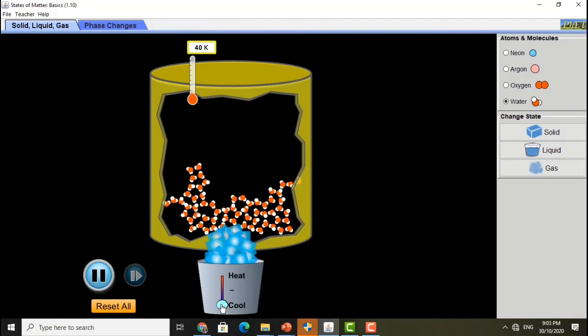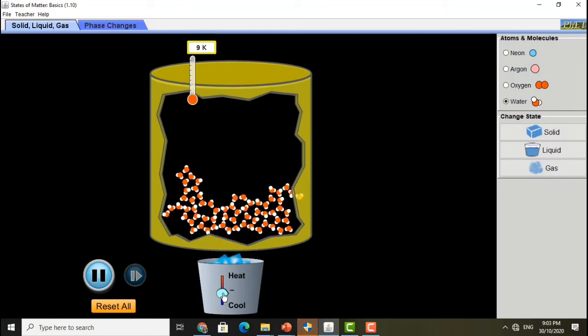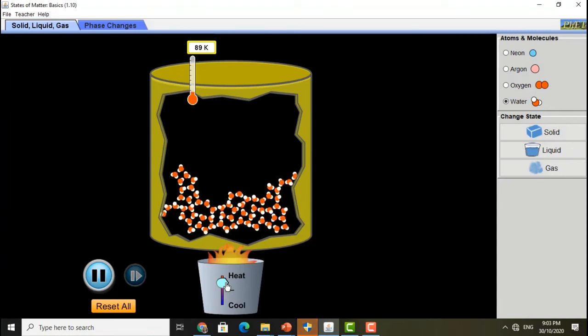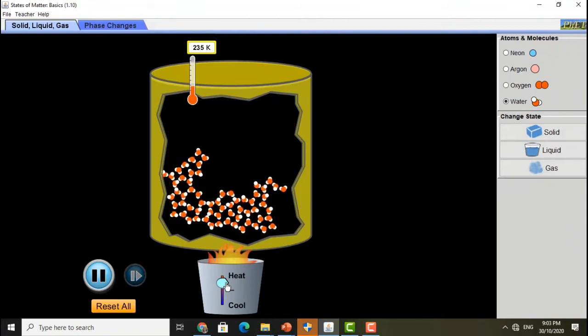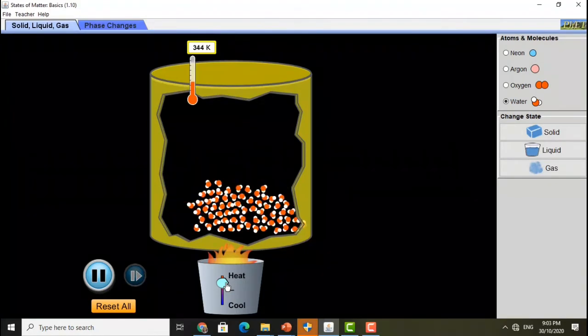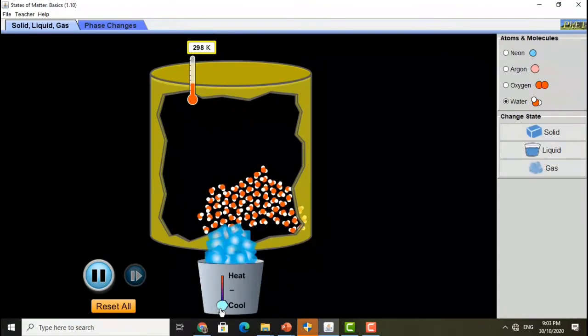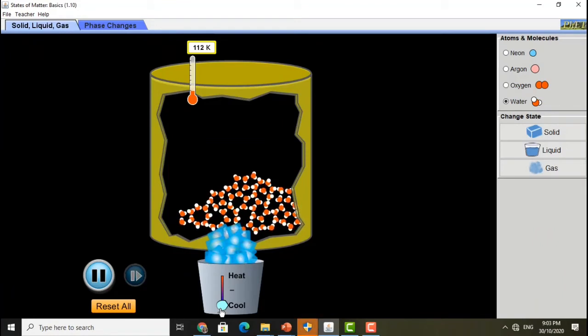Okay, so I want you to look at this. This is water at 0 degrees Celsius, this is ice water. When you try to cool it, I want you to pay attention to the molecules. When you try to heat it, they will compress. But when you're cooling them again, they will expand.